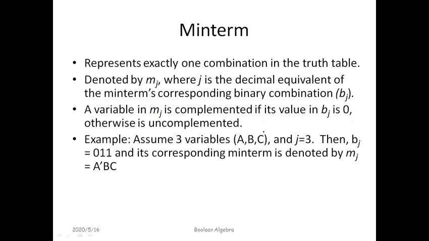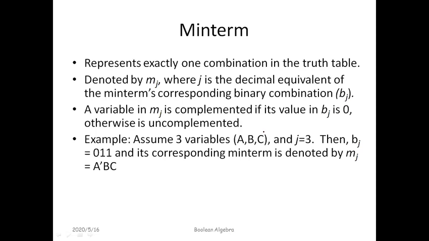Okay, let's look at the min term. The min term represents exactly one combination in the truth table, and this is denoted by small letter m with a subscript j, where j is the decimal equivalent of the min term's corresponding binary combination, which is bj. A variable in m subscript j is complemented if its value in bj is 0.